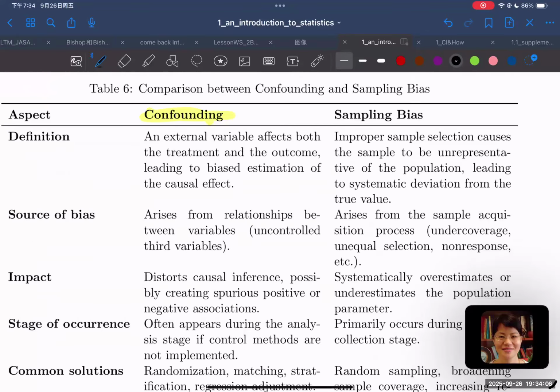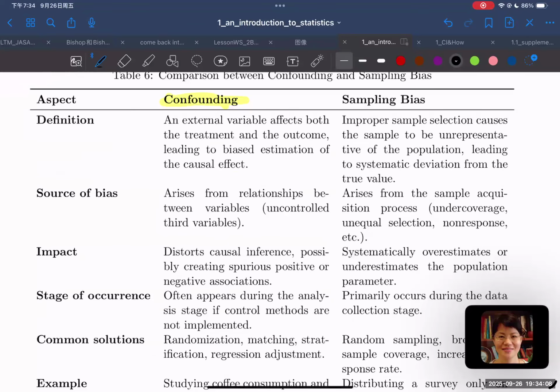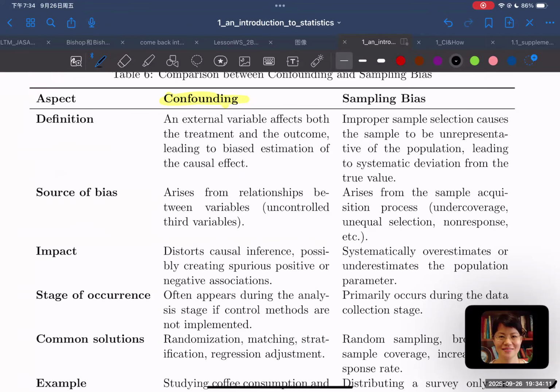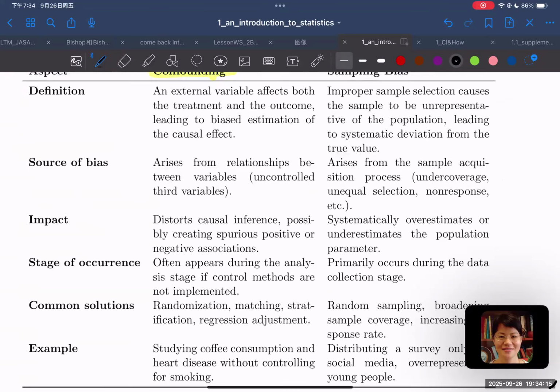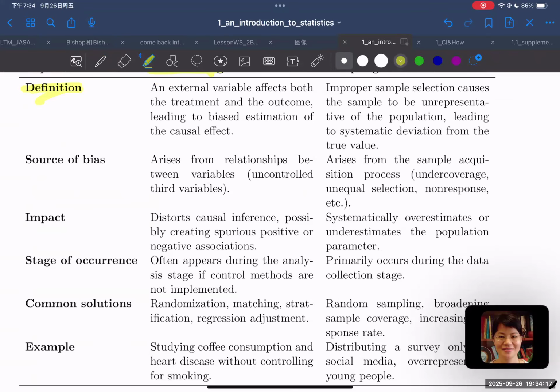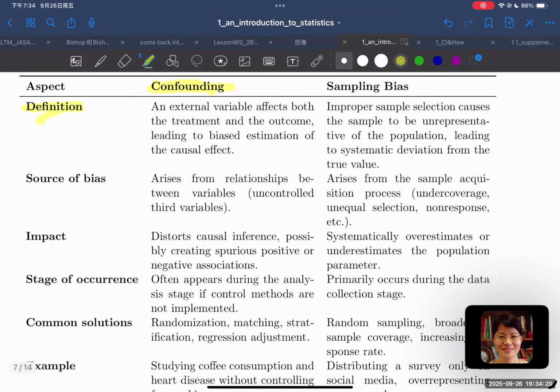And here we can see, for confounding and sampling bias, the definition is always the most important part. Confounding means an external variable that affects both the treatment and the outcome, for both sides. It leads to bias in the estimation of causal effects.